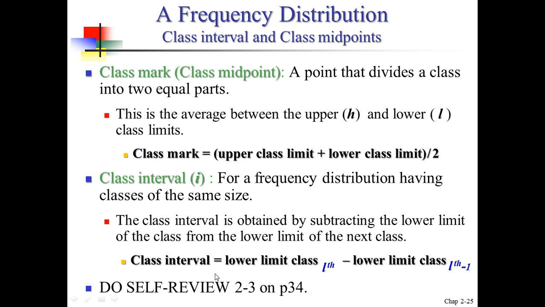If it gives you a raw data set, you cannot use this one. You need to use the 5 steps first in order to use this. But if the table given to you is already done for you, you can use this based on the table.